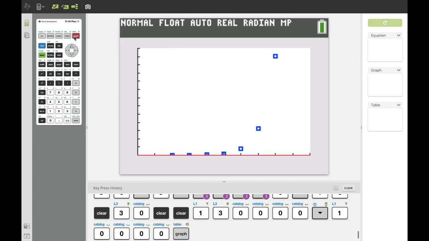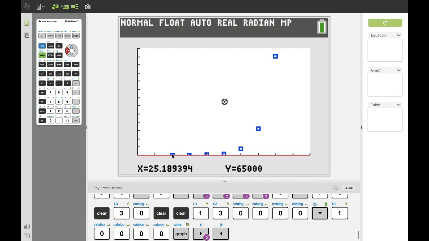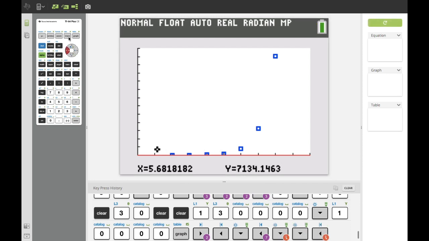Now look at the points themselves. By the way, you can check whether the points are correct if you travel from one point to the other. Sorry, trace. You press on trace rather.